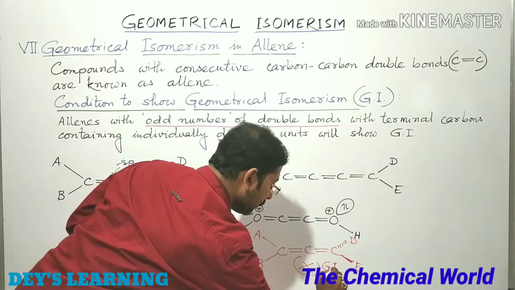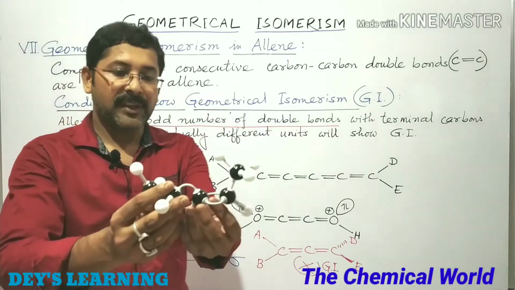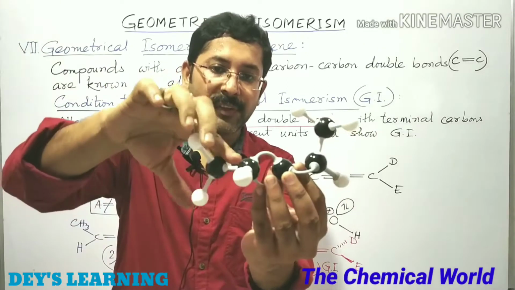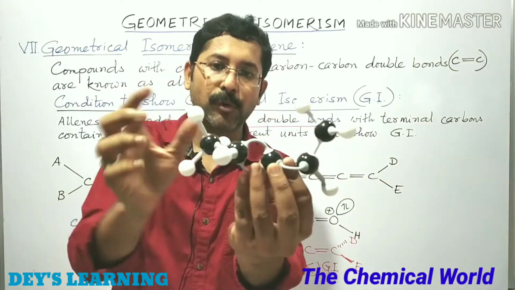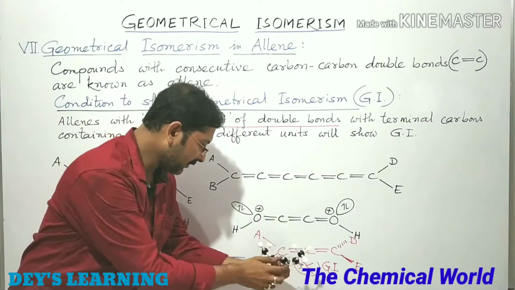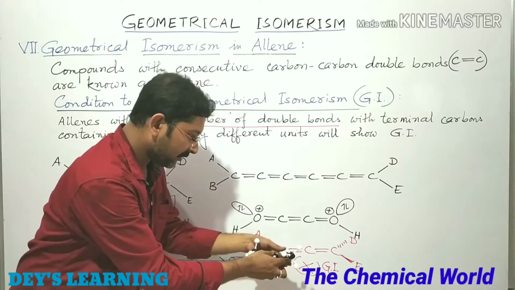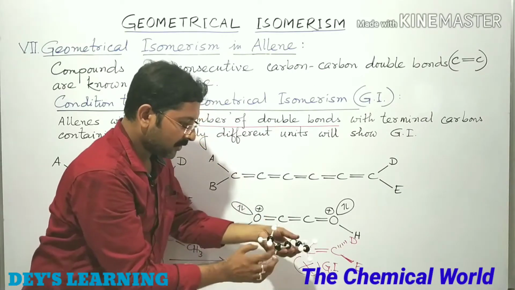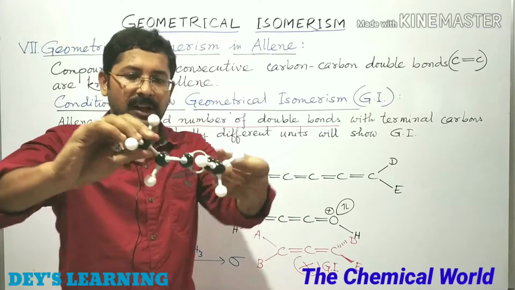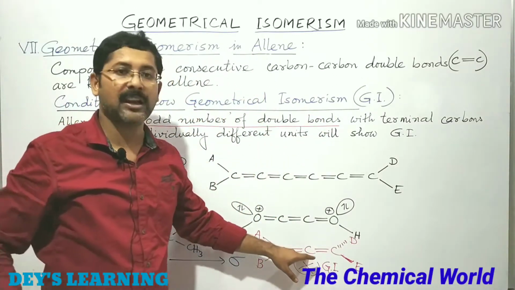This molecule will not show geometrical isomerism because now if there are 2 double bonds, these 2 bonds and these 2 bonds are in perpendicular planes. Look at here, this one is A, this one is B, say this one is D, and this one is E. So these 4 bonds are in perpendicular planes, so this molecule actually shows optical isomerism.